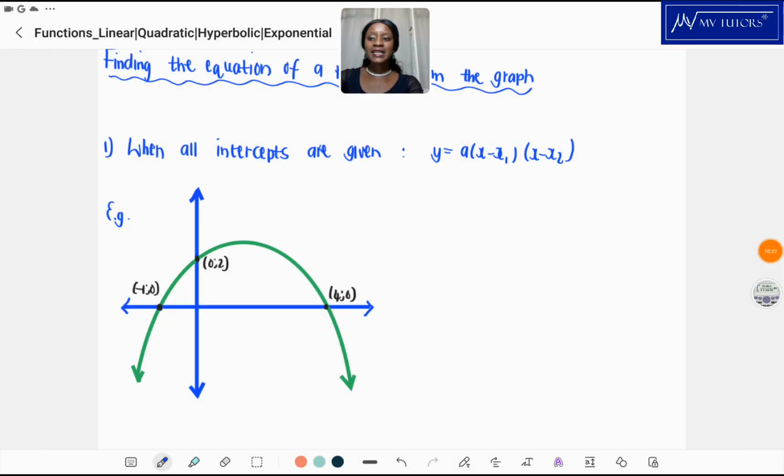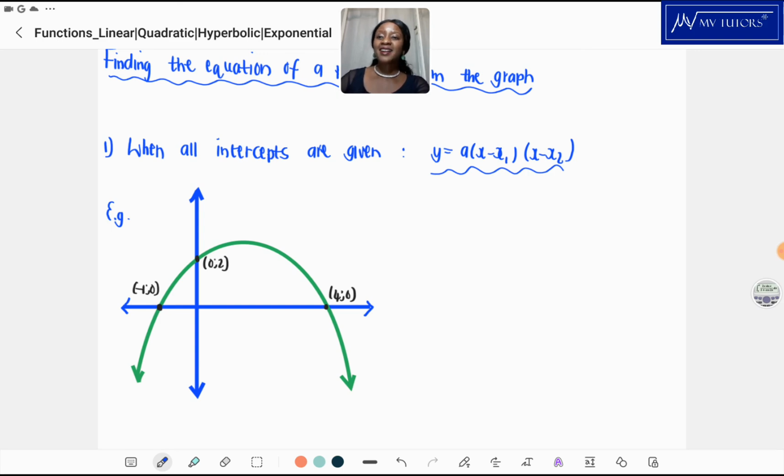Basically we are going to use this equation over here. If you are given intercepts, that is the equation to use. We're going to start first by substituting the x-intercepts, then introduce the y-intercept, and then we're going to get the value of a.